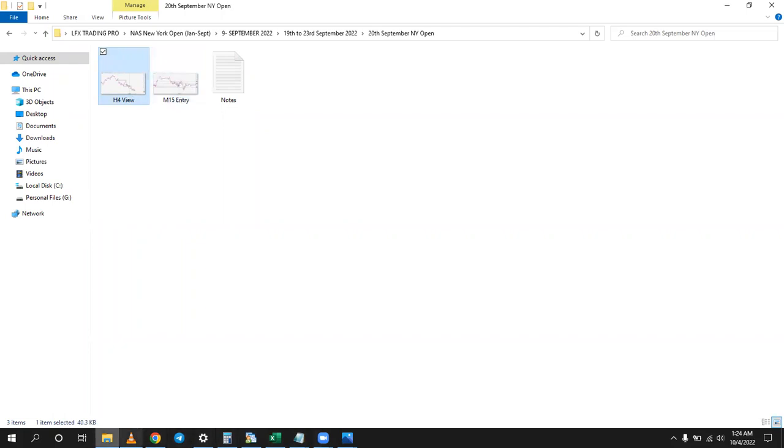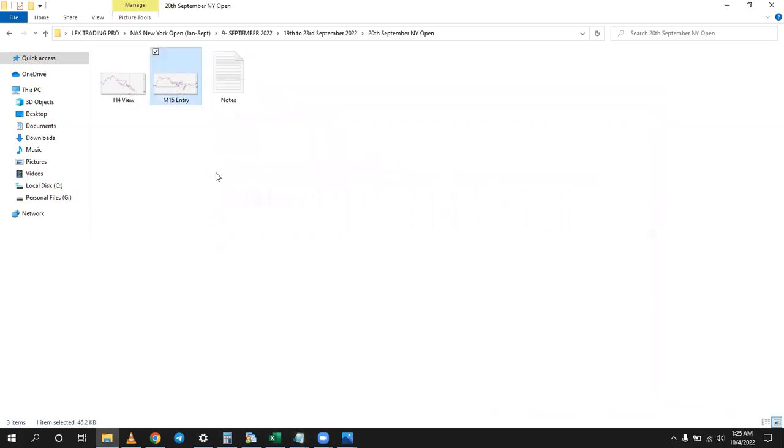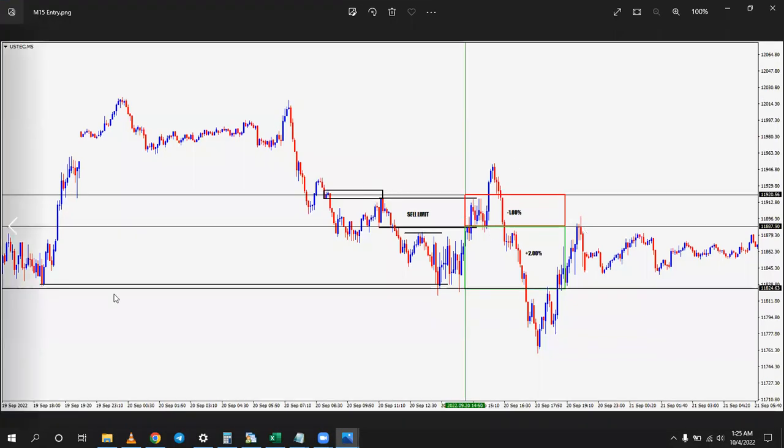A moment. I think that's meant to be M15, right? M15. So now notice on our M15 we had a sell model basically, right? We had a breaker, approach of price, but now you can see what happened.